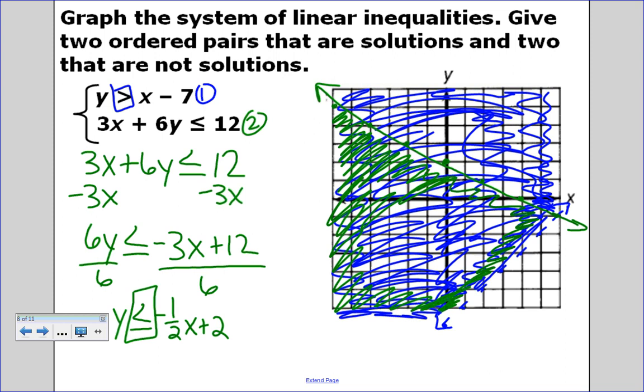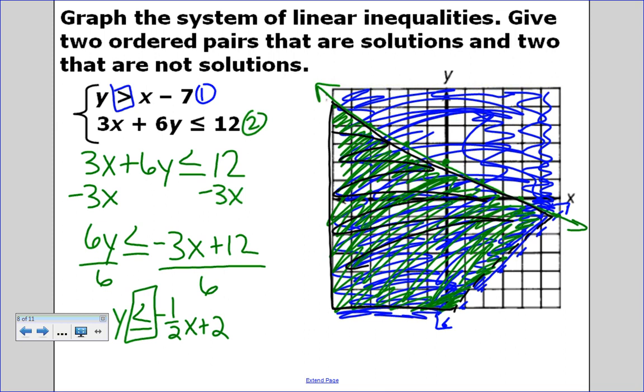Okay. So here where I have my two overlapping sections, I have everything on this line, not on this line. Everything inside here is a solution. You're more than welcome to pick any point on here.